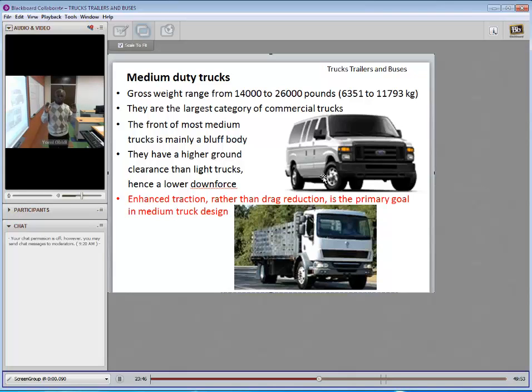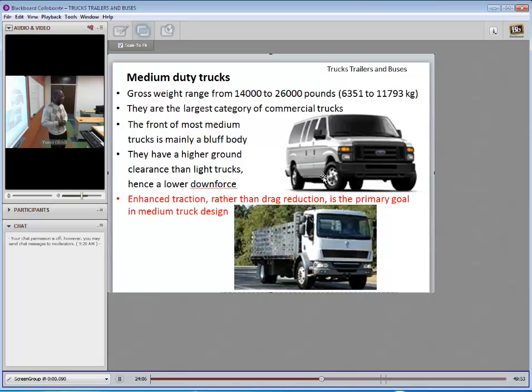Also, the attempt to create an aerodynamic front will cause a longer nose, and that's more material for the design. Even though this might give us a better aerodynamic feature, it may actually add to the weight of the vehicle. So these have to be taken into account, and a compromise made in the design.